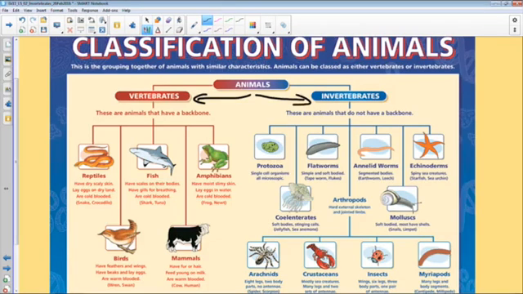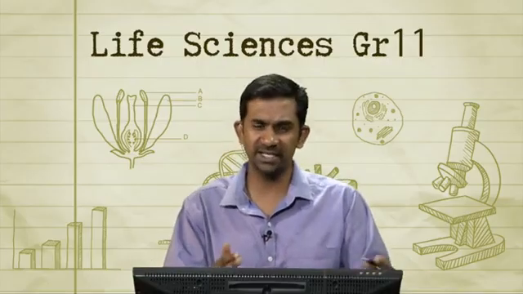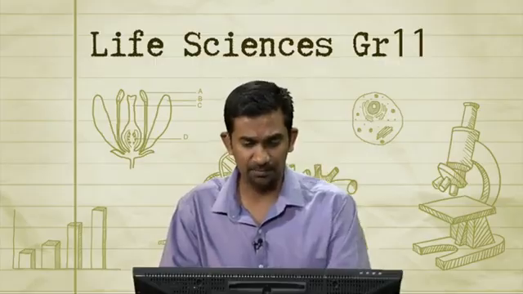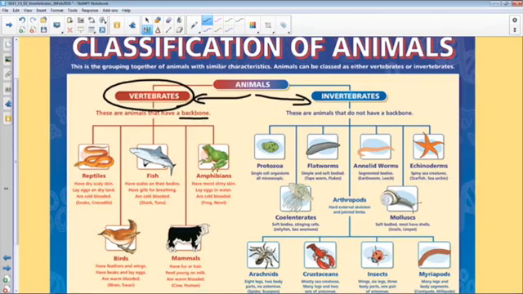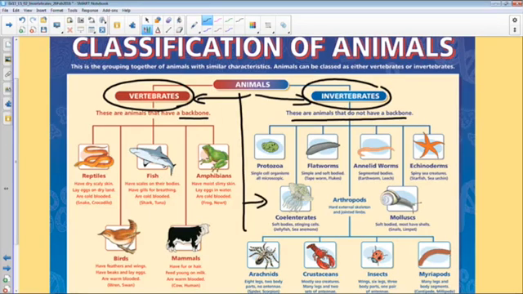Well, essentially we're looking at animals that have a vertebral column and a skull, and we compare them to those that don't have one. We refer to them as organisms that have a vertebral column, which is a backbone, and the other referred to as invertebrates. These are essentially organisms that do not have a backbone. So essentially we're focusing today on the organisms on this side. We refer to them as the invertebrates.